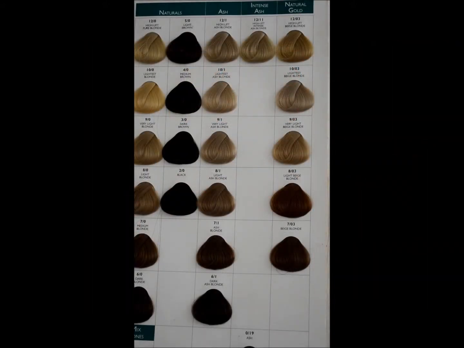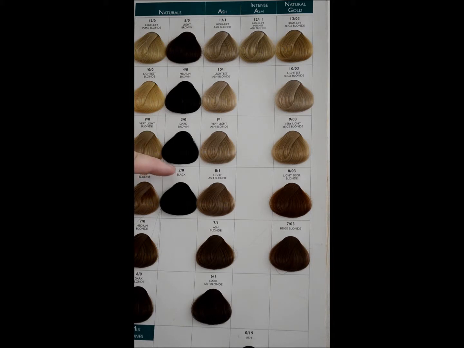Okay, if we start at the bottom, we've got black, which is 2/0, which is the darkest colour you can get, although there is a jet black which is sometimes a 1/0 depending on the manufacturer. So you've got 2/0, and then if you go up a colour to dark brown you've got 3/0.